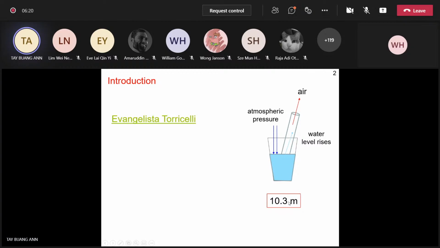And this is another figure that we will see a few times. Water: 10.3 meters. For mercury, this is 76 centimeters. And this sets a limit for the water that we can transfer to a tall building.